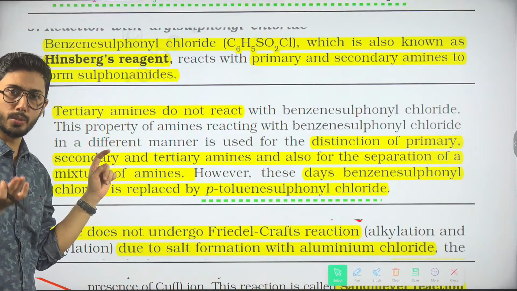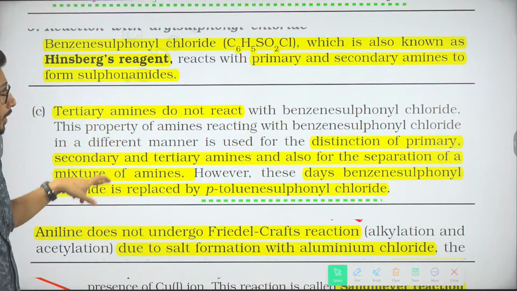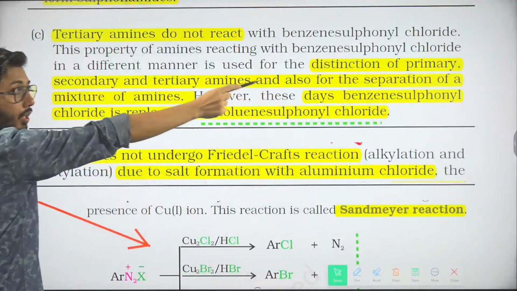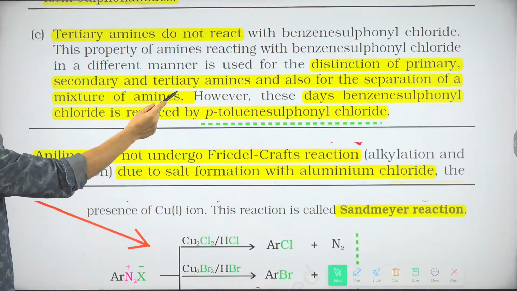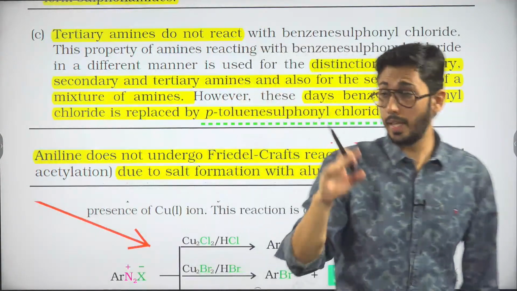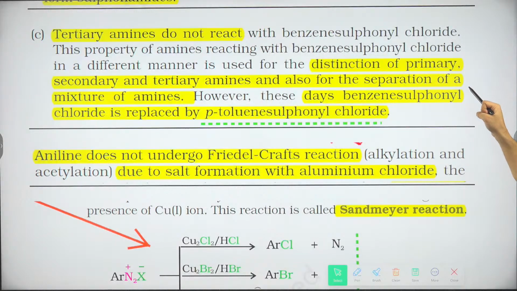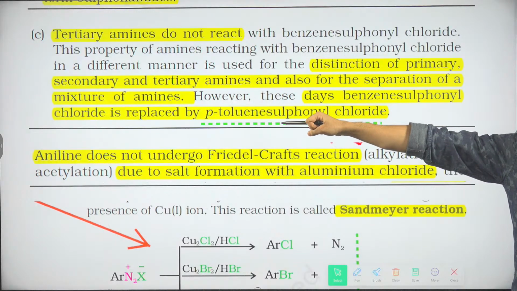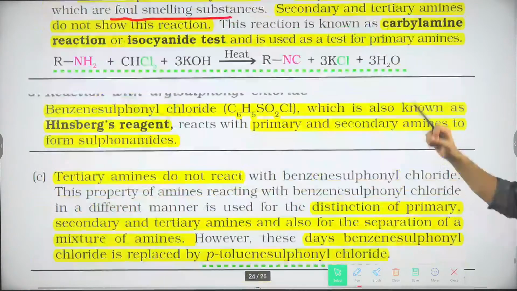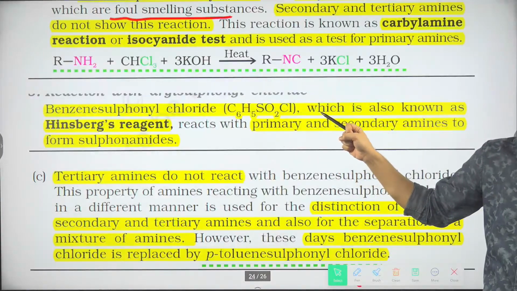Reason is that tertiary amine has no hydrogen on nitrogen. Another important line: it is used to distinguish primary, secondary and tertiary amines. So Hinsberg reagent is used for the distinguishing test as well as for separation of a mixture of amines. So first, which test: Hinsberg reagent. Second, its formula, remember this.